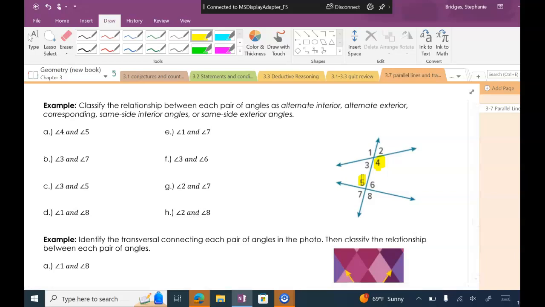What do you think? Okay, here's the question. Are they on the same side of the transversal or opposite sides? They're on opposite sides, right? Are they in between my two lines or outside my two lines? In between. So opposite sides of the transversal, in between would be alternate interior, yes.